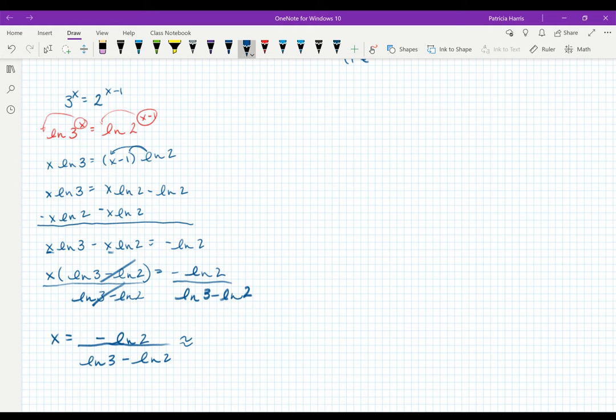You can try that, but be very careful on how you type it in. So that would be approximately negative 1.7095. Okay? All right, let's try another one.